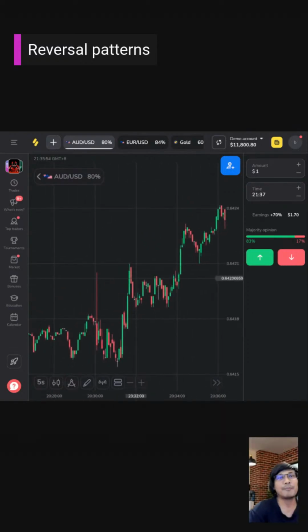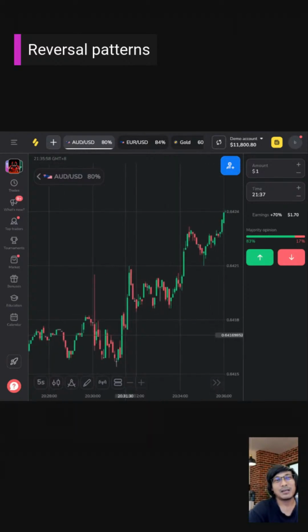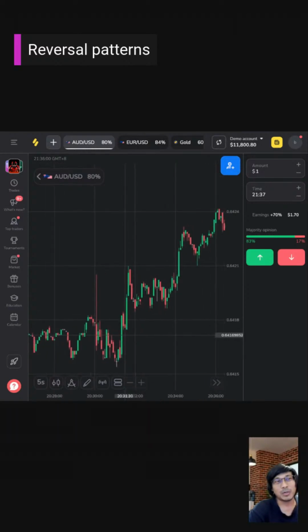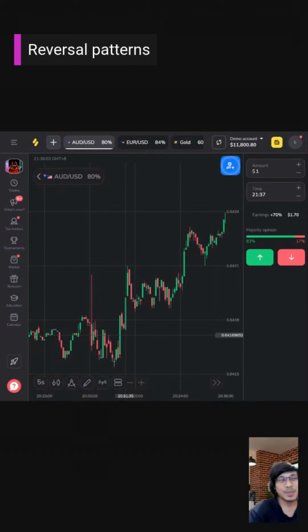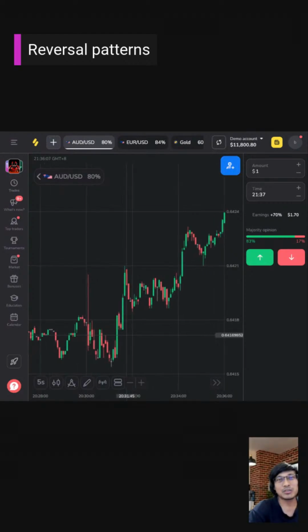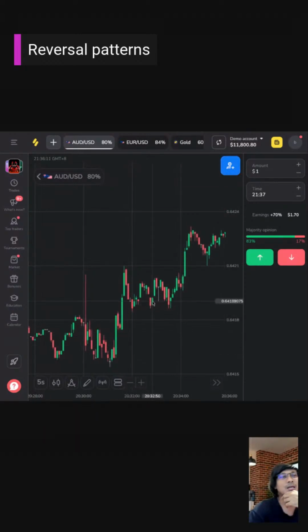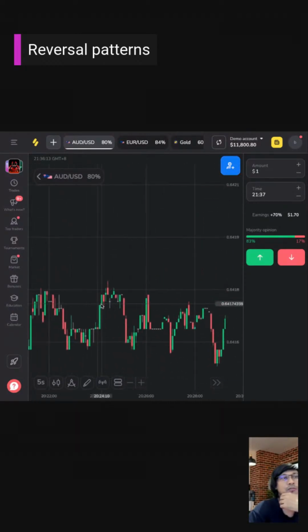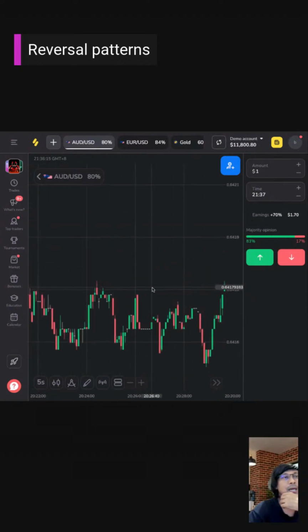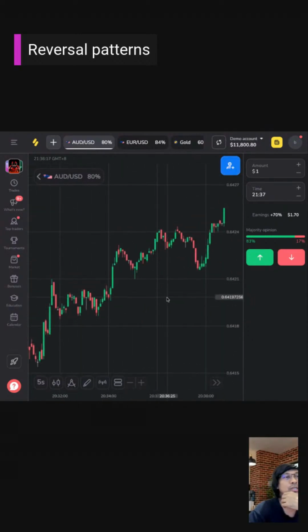It will go up, come down, that's the first top. Then it will go up again and form a bigger top, come down, and then go up again and form a smaller top, the third top, before moving all the way down. That's a reversal pattern because of a resistance area.